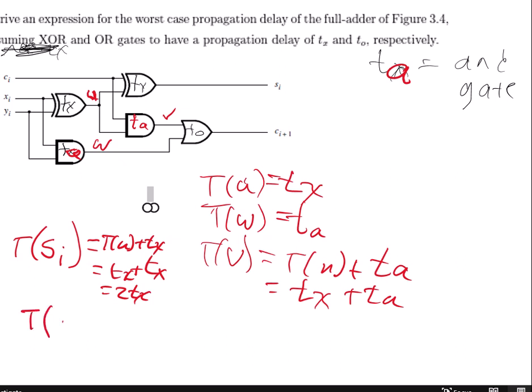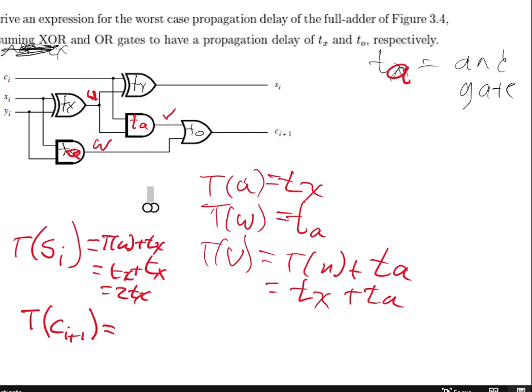And the time for Ci plus 1 is going to be, so Ci plus 1 has two inputs. It has V and W. So we would need to see whichever one is the maximum of V and W if we're trying to get our worst case scenario.